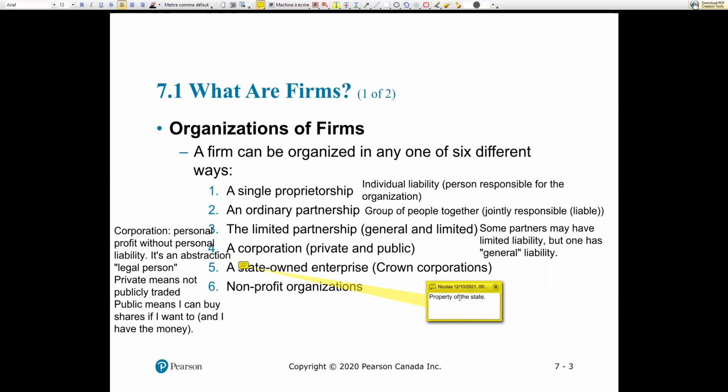So for instance, a good example is in the US, you had Freddie Mac and Fannie Mae, for providing housing.